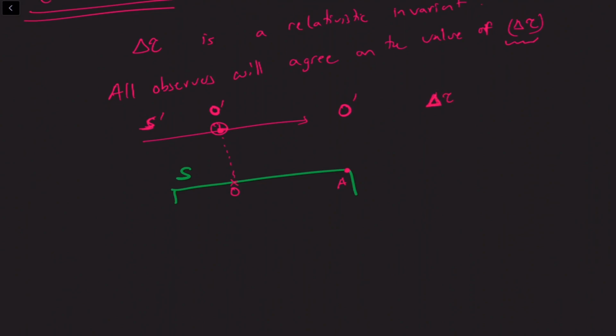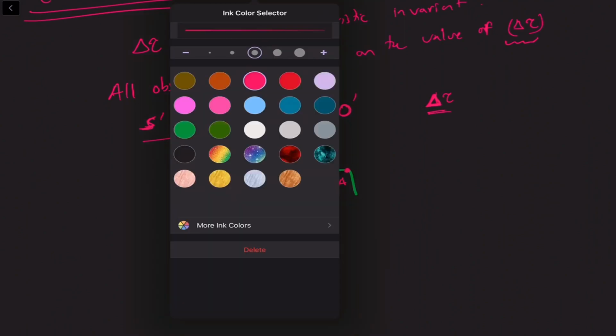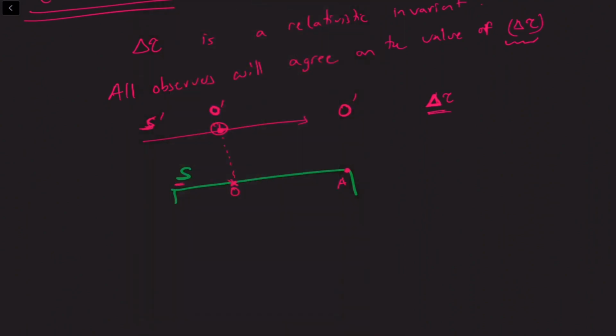Now, if observer S wants to construct the time interval delta tau, what they would do is first locate the space-time point where O and O prime meet, and label that point T1, X1, Y1, Z1. They would locate where observer O prime meets observer A, and say that that instant in time is T2, X2, Y2, and Z2.